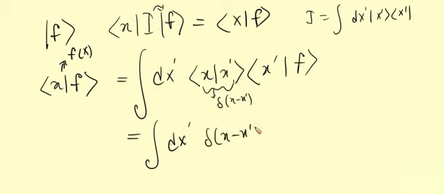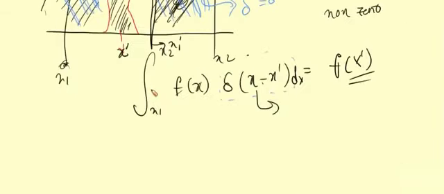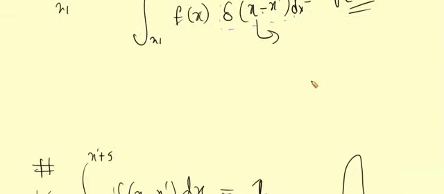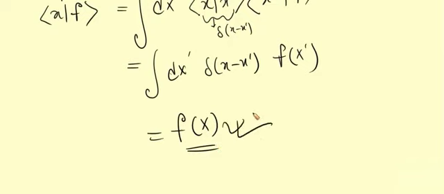You can see that this is just using the previous result, the property of what happens when you integrate delta with another function. Using this, we can easily verify that this is indeed f of x. So this is the advantage of using the delta function, and obviously there will be many other cases where you will see this.